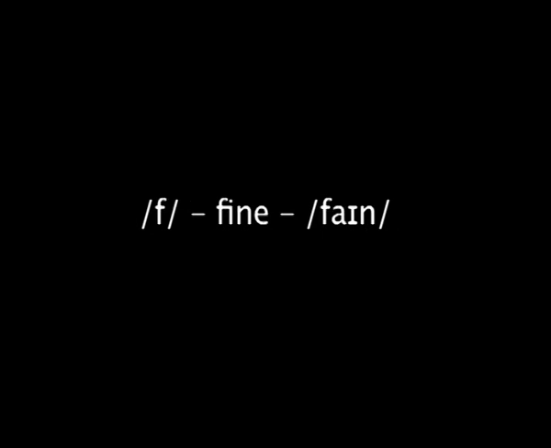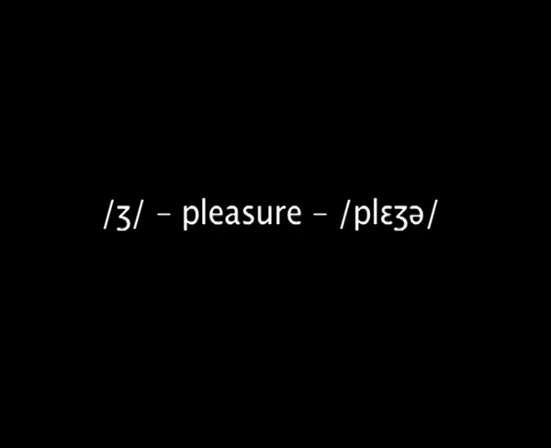Then we have F as in fine, V as in van, th as in thin, th as in then, s as in sip, z as in zip, sh as in ship, zh as in pleasure. This is another sound which does not come initially.